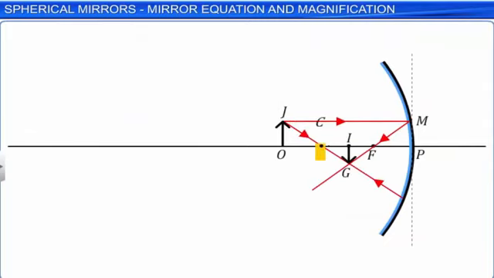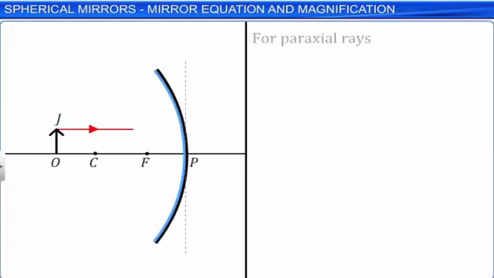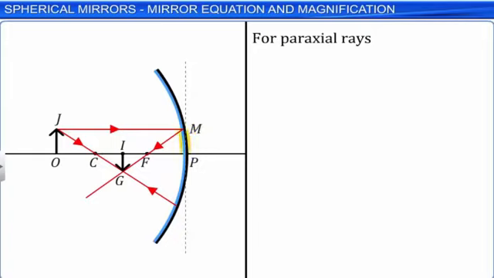Let us derive the mirror equation for a specific case where the object is placed beyond C of a concave mirror. Let OJ be the object and IG be its image. If only paraxial rays are considered, M must be very close to P, and hence PM can be treated as a straight line. And OJ is equal to PM.